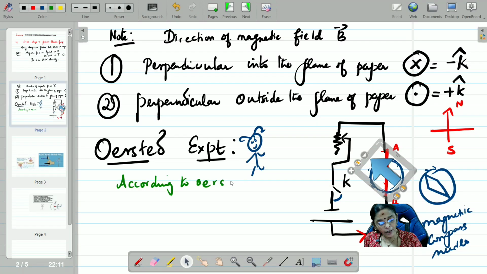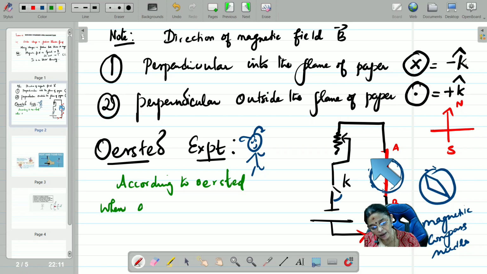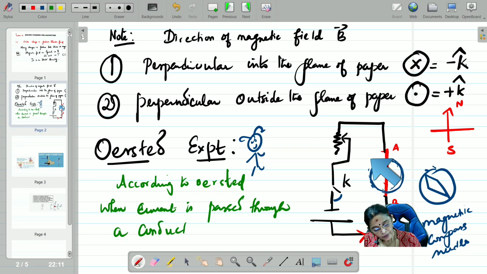So according to Oersted, when current is passed through a conductor AB, what happens?